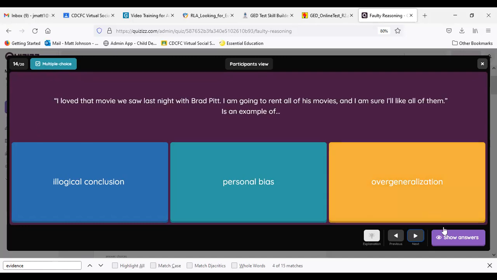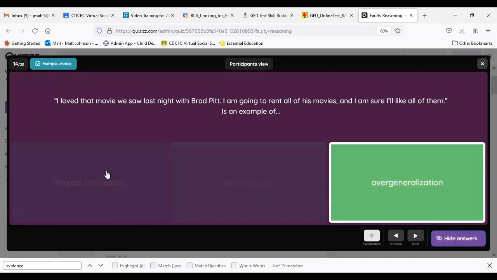It might be overgeneralization. Let's see. Yeah. So I like this one movie, so I am going to rent all of his movies, and I am sure that I'll like all of them. Right? That's a hasty generalization to make based on one movie with Brad Pitt. So overgeneralizing about the nature of someone's work.